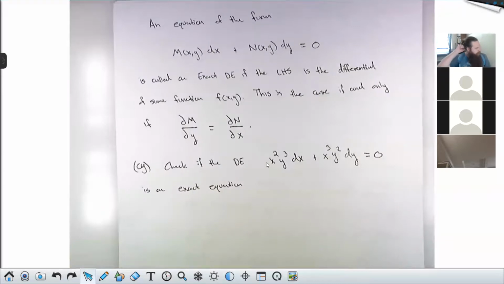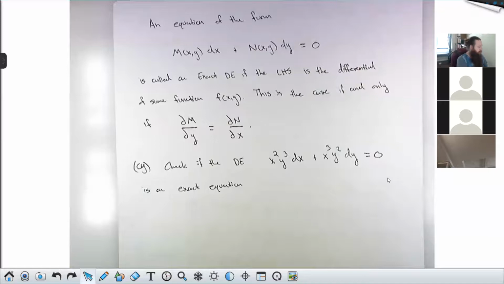I want to point out that we could write this differential equation a bunch of different ways. I could write this as dy/dx equals y over x, or negative y over x. We want to know, though, is this an exact equation?